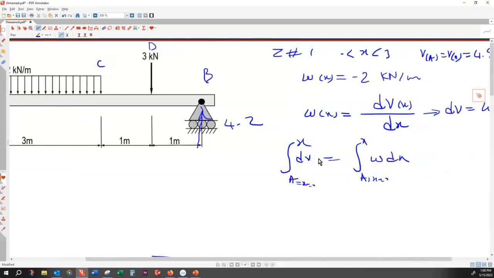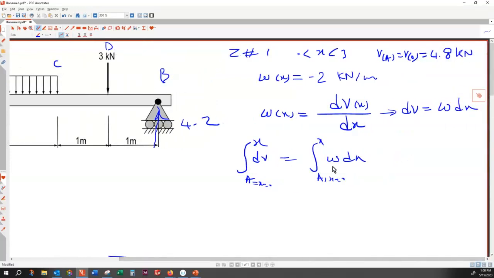So therefore, back in calculus, the integral of dV is V of x minus V of A. So the left-hand side is V of x minus V of A, and the right-hand side is the integral of minus 2. The integral of minus 2 is minus 2x, and the bounds of the integral are between x and 0.